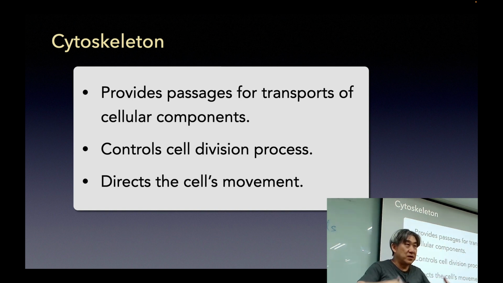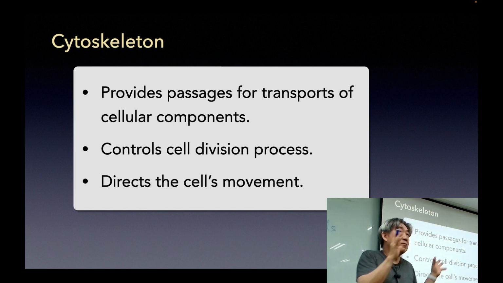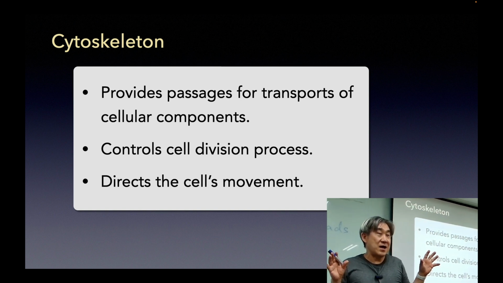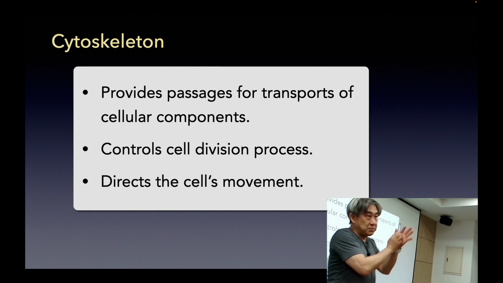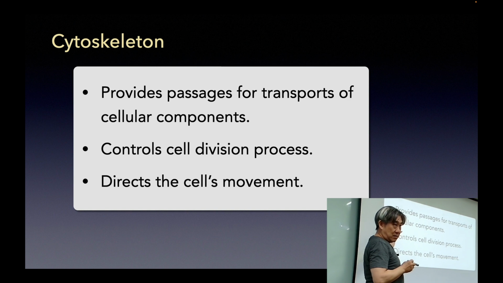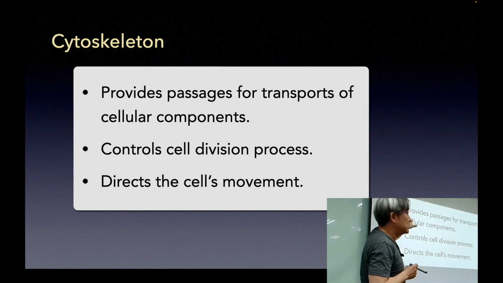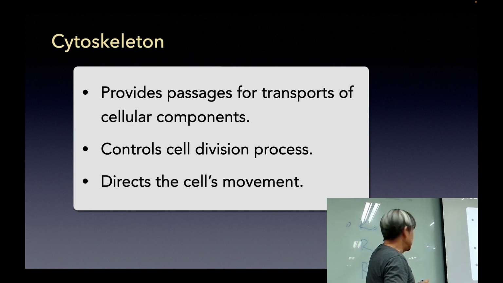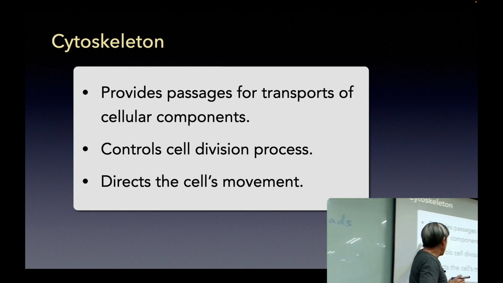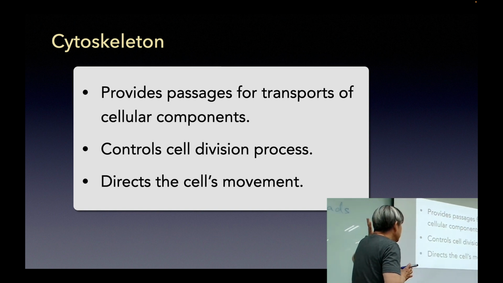They're not simply floating in the whole volume, like a water balloon. No, they are not. They are walking exact, particular paths aligned by the cytoskeleton. In that way, it functions as a road for all these cellular component transport passages.